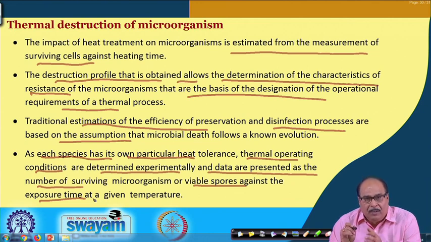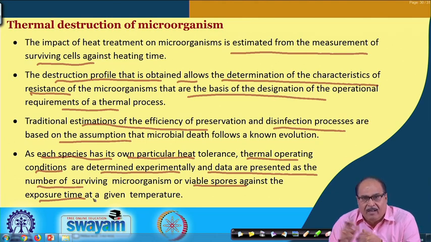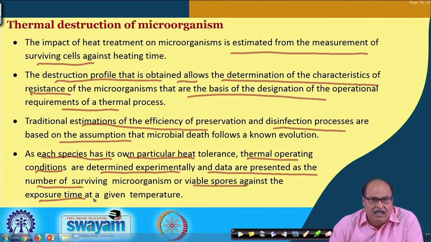That is, different experiments under different temperature and time conditions are conducted, and the effect of these time and temperature combinations on either killing or survival of the microorganisms is recorded, and these data are analyzed to find out how the change in temperature influences the microorganisms and their survival in the heat process, and these are basically used for designing a heat process.